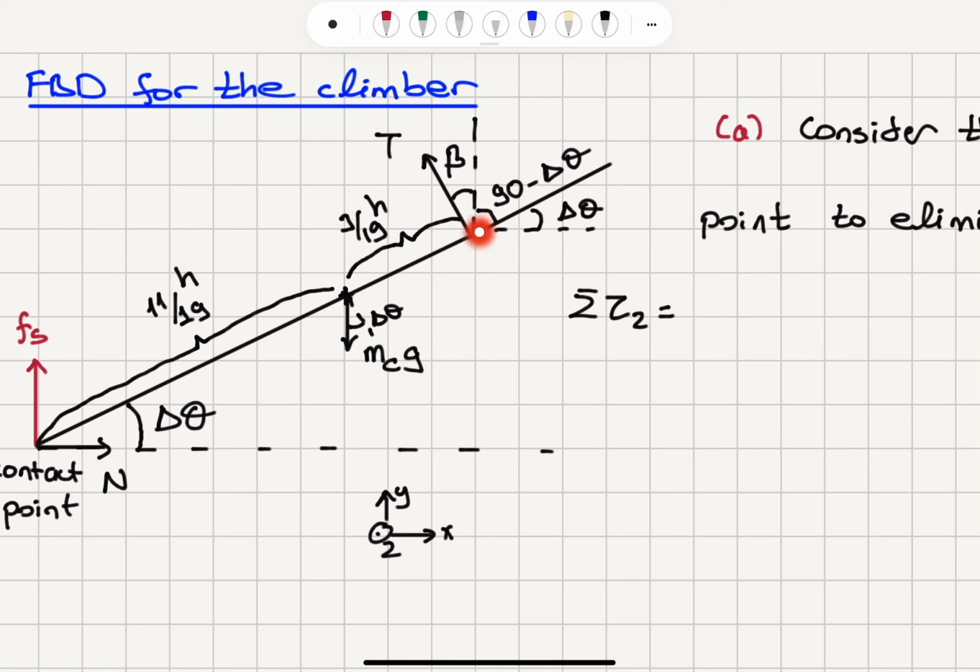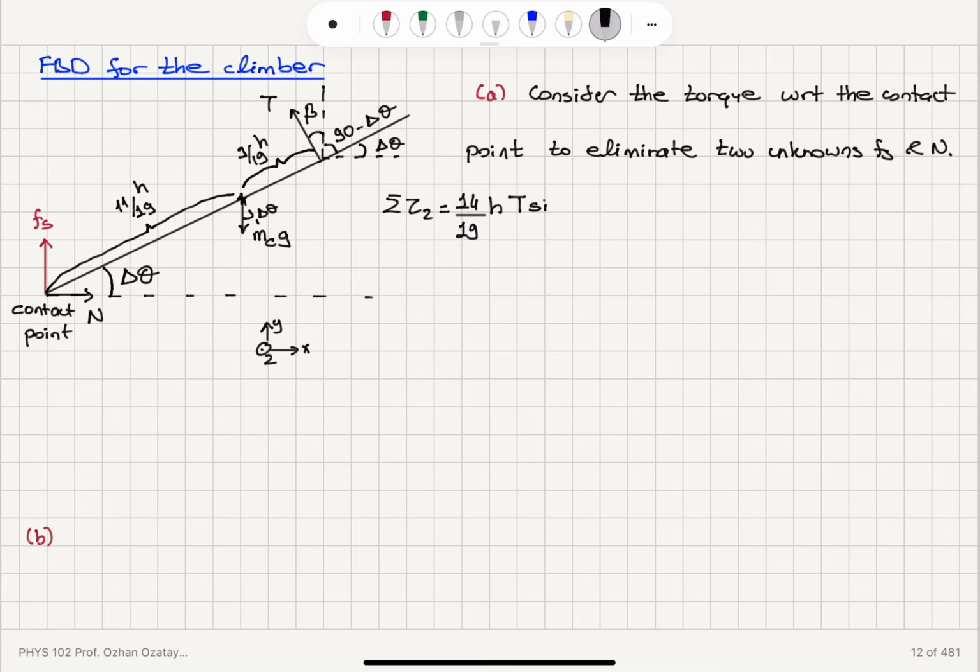And using the right hand rule, we see that the four fingers point from the contact point to the point of application of the tension. Curl the four fingers towards the tension. The thumb points out of the board. So the first rotational effect comes from the tension: 14/19 h multiplied by the perpendicular component of the tension, T sine of (beta plus 90 minus delta theta).